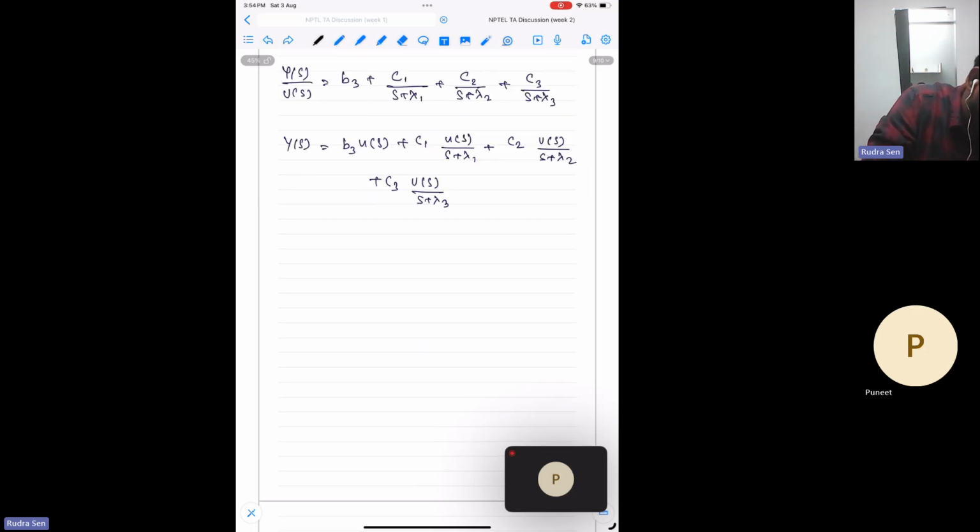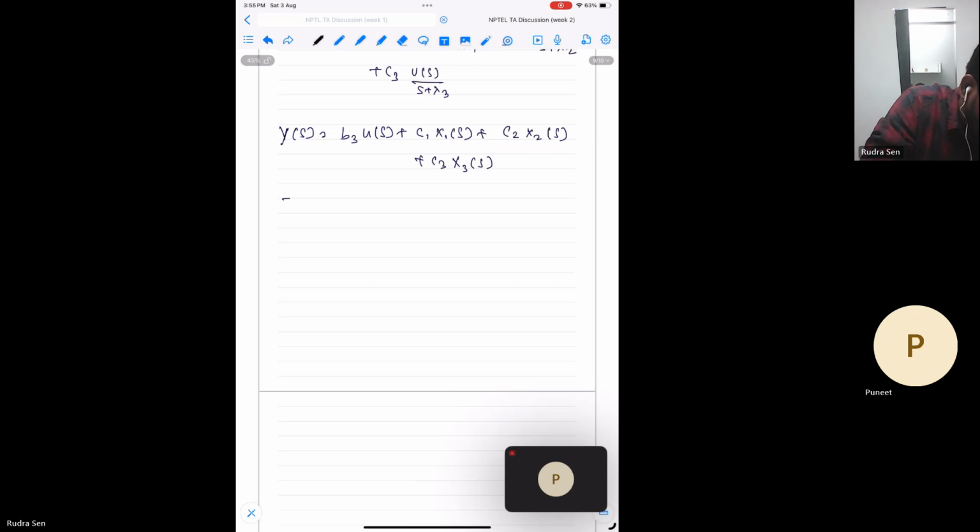Now if you consider each of these as x1, x2, x3, the output is b3 U(s) plus c1 x1(s) plus c2 x2(s) plus c3 x3(s), with states x1, x2, x3 corresponding to lambda 1, lambda 2, lambda 3.